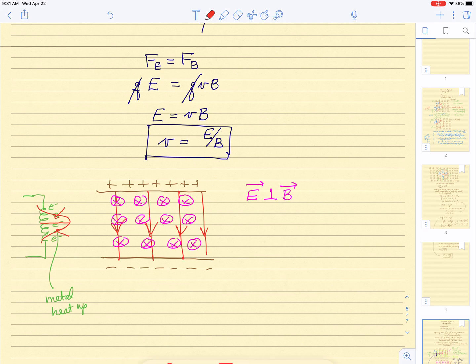Now say out the other end, we really want to have electrons coming out the other end which form a beam of precise speed. Because if we know the precise speed, then we know the precise kinetic energy.